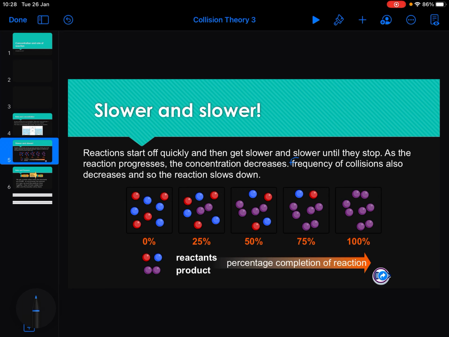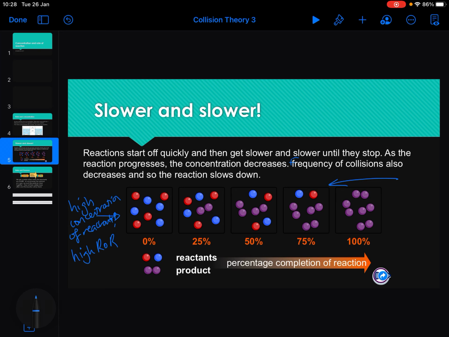I'm just going to add a few more labels here. So let's have high concentration of reactants. Oh, that's meant to say reactants, apologies. High rate of reaction.